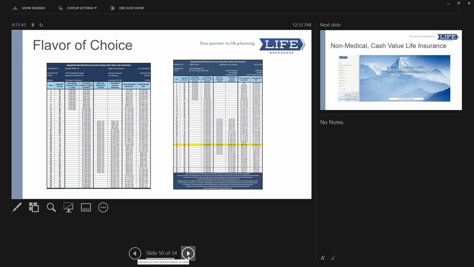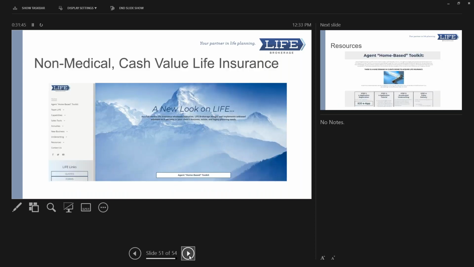Here's a summary sheet on the left, summary sheet on the right, difference between IUL and whole life. We've built for you, as pertaining to selling insurance from home, right on our homepage, lifebrokeragellc.com, you'll see a button, Agent Home-Based Toolkit.